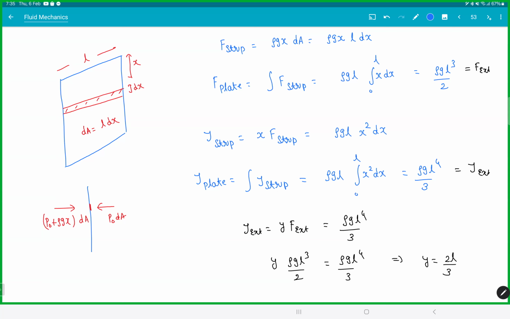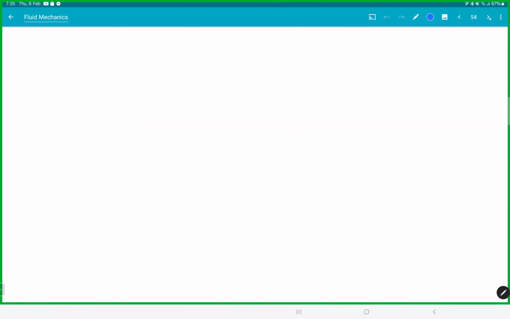Let's see. Next thing. There, that is few of them. Then the next thing is the barometer. So what is this barometer? This is how we construct this.